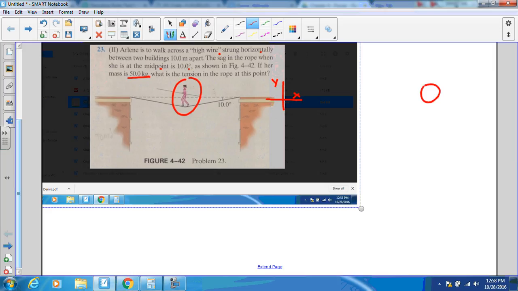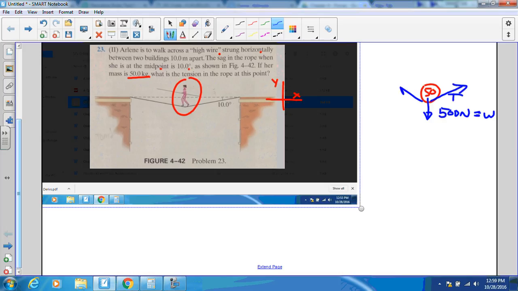Arlene is standing on the rope. Here's Arlene. She has a mass of 50 kilograms. And so the forces acting on her are going to be the force of gravity, which is a 500 Newton force, the weight acting on her. And also the rope will be pushing on her. Now, in what manner does the rope push? Well, remember that the tension always operates in the direction of the rope.